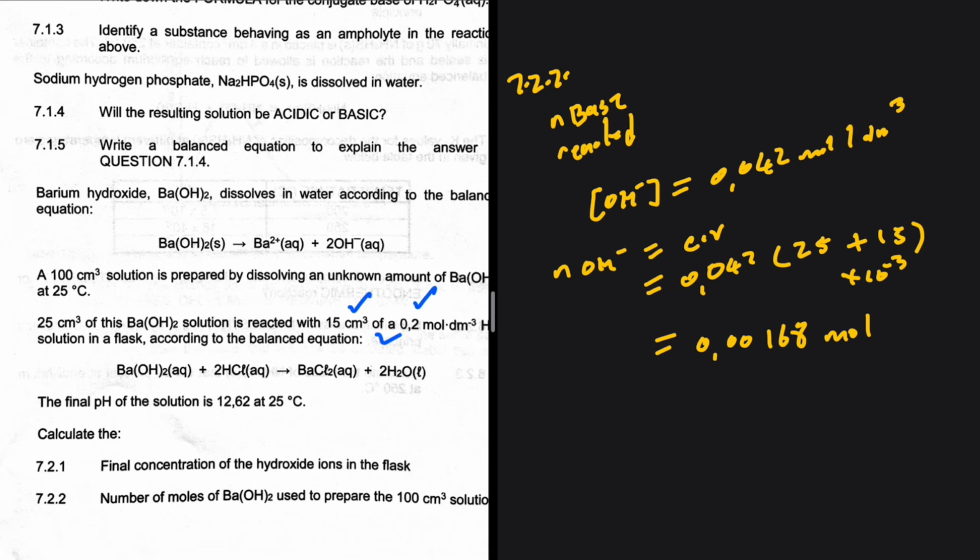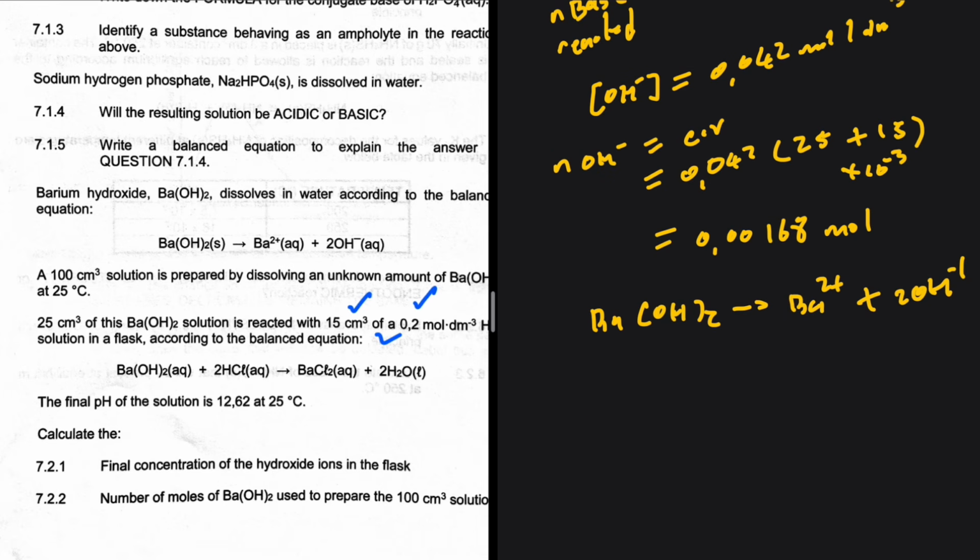But we know that Ba(OH)2 is just Ba to the 2 plus, I would like to believe, plus 2OH minus. So if the number of moles of OH minus is 0.00168, then those of the base should be half that, because of the balancing coefficient.